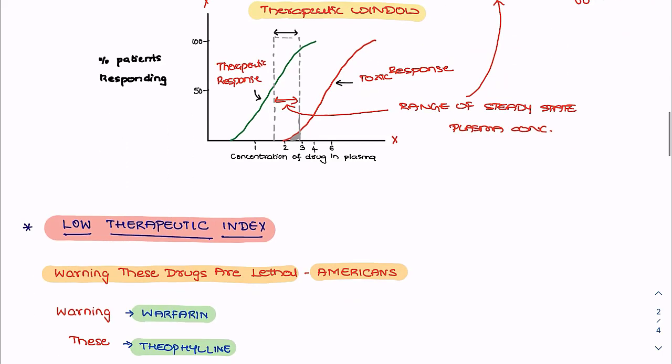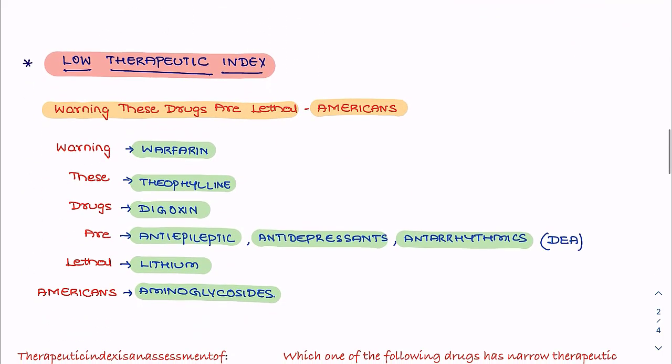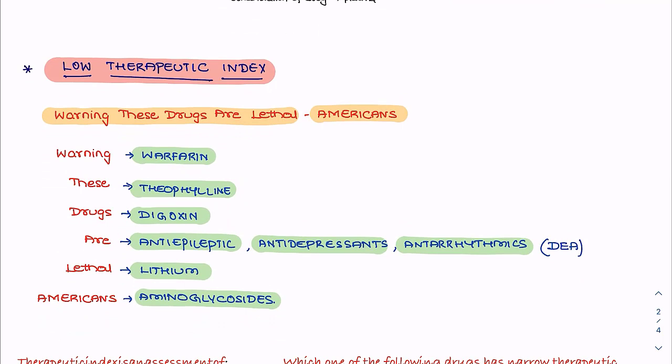Okay, fine. Let us see the low therapeutic index drugs, which can be remembered by a mnemonic: Warning, these drugs are lethal, Americans. You are warning the Americans that these drugs are lethal. W stands for warfarin, T for theophylline, D for digoxin, and R, you can remember as DIA: anti-epileptic drugs, antidepressant drugs, and antiarrhythmic drugs.